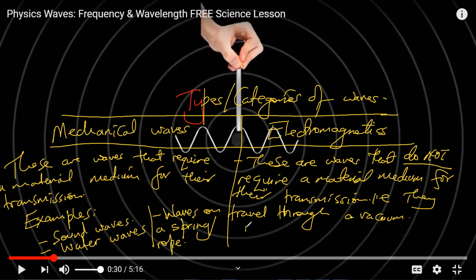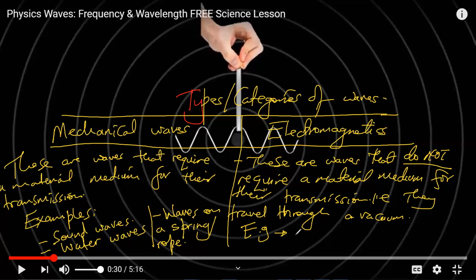On the other hand, for examples of electromagnetic waves, simply remember the electromagnetic spectrum. Do you remember those bands of the electromagnetic spectrum? Can you give me an example?